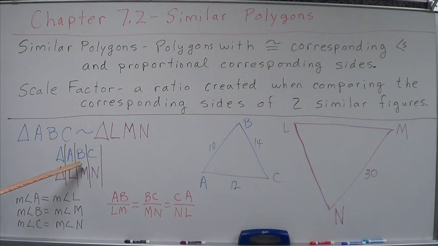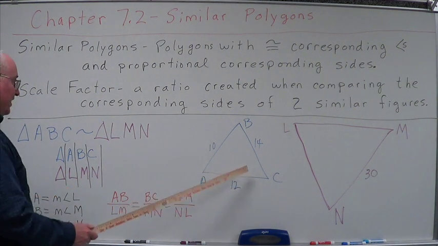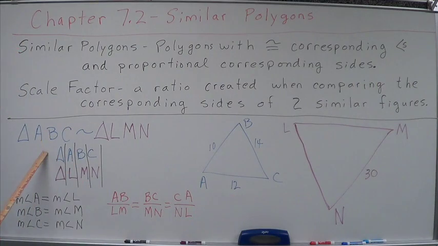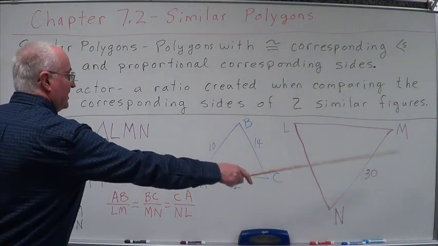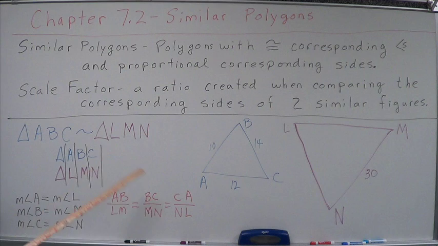That means segment AB is proportional to LM, segment BC is proportional to MN, and segment CA is proportional to segment NL. We've got two triangles over here: triangle ABC right here, triangle LMN right here. And here we say that they're similar.